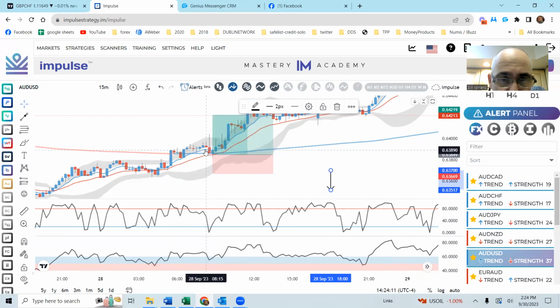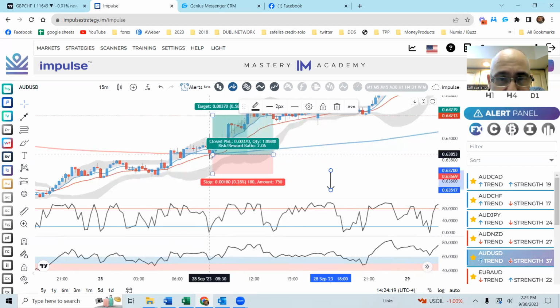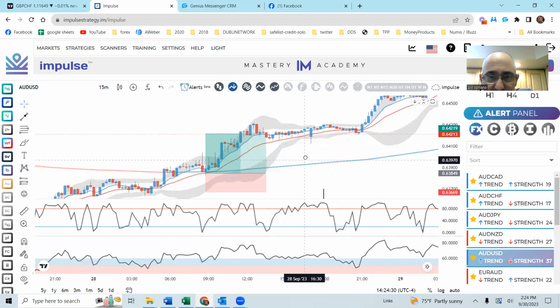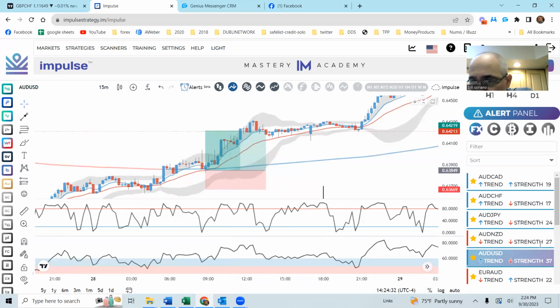Okay, and we measured the volatility area, which is the white area inside of these two Bollinger Bands here that are gray. And then we added that to the bottom of this candle here, and that gave us our stop loss down in this area right here. Okay, so that was an easy 2% gain right there.